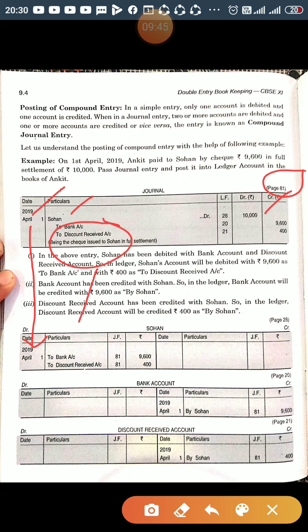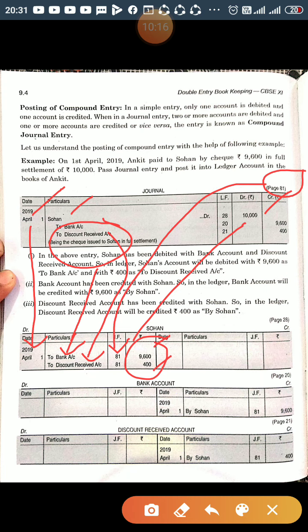So all are individually mentioned here, to bank and to discount received, with the amounts 9600 and 400. This total should be equal to this 10,000, and you will write the page number in this column against each account.